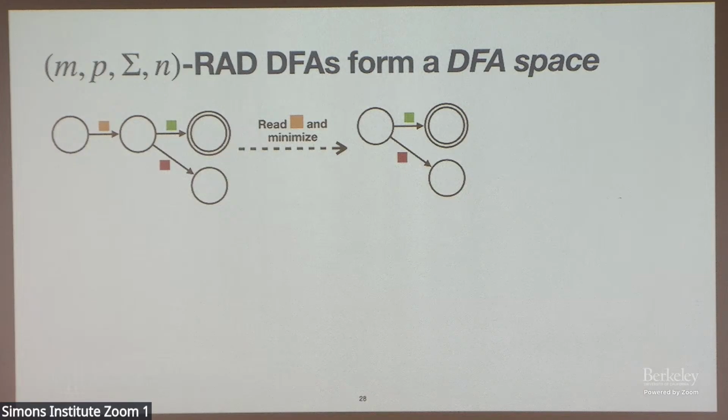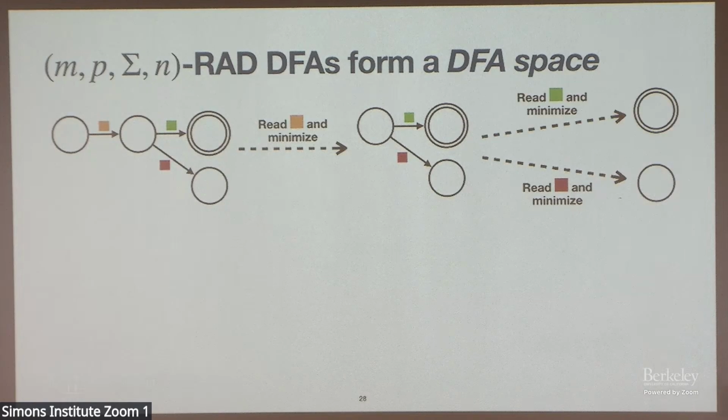And then we read orange and then minimize it, and then we get a new DFA now. It's a smaller DFA. It's a sub DFA of the previous one. And then from that one, if I read red and then minimize, I'll get the trivially rejecting DFA. And similarly for the green one, I'll get the trivially accepting DFA.